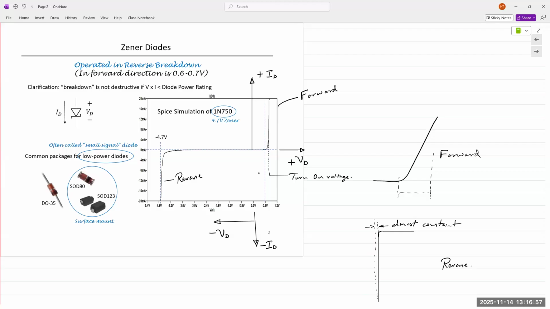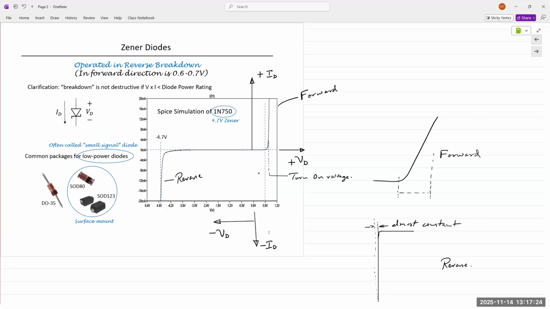So again, we have a normal silicon diode, two terminals, anode and cathode, and there's a junction between them. When you bias them in the forward direction, current starts flowing. It requires a certain amount of voltage to turn on, after which the current starts flowing. The increase in current and the increase in voltage is not linear. So a large amount of current starts flowing for a very small increase in voltage.